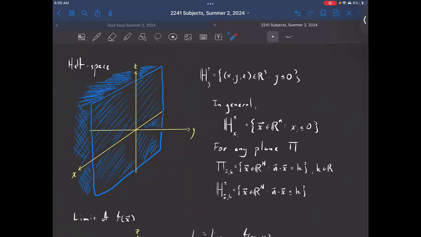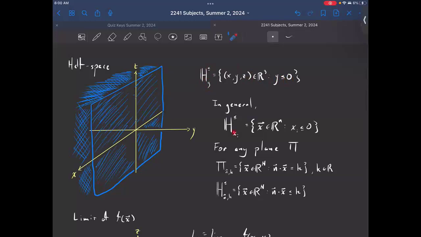Here we have everything to the left, and so I have h, all of the x, y, z triples where y is less than or equal to 0. I could make this less than 0, and then this would be sort of a dotted plane, like how when you have inequalities, you draw dotted lines for those. But that would be an open half space. This is a closed half space.